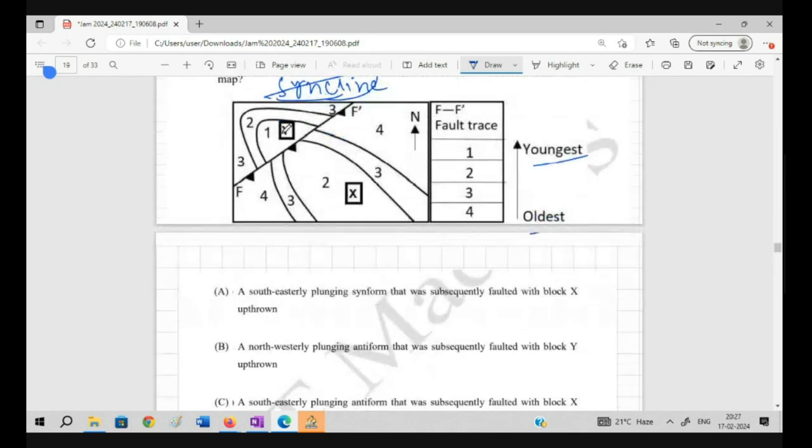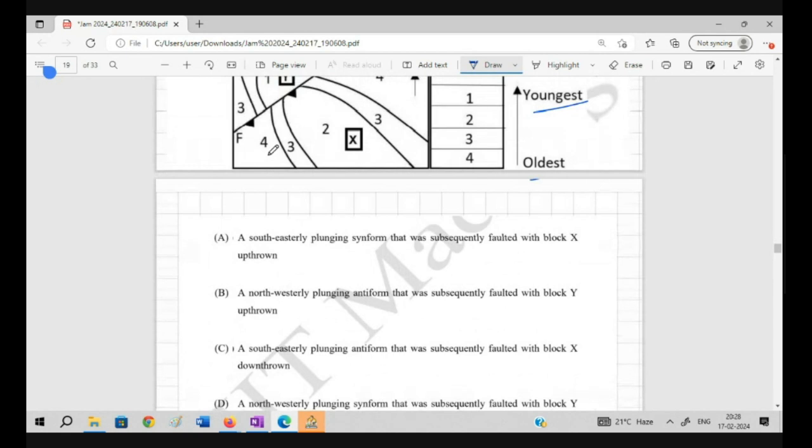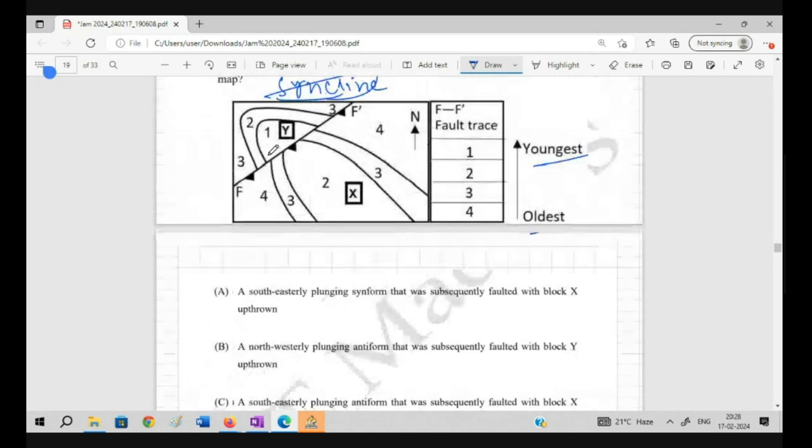Okay, so if the younger bed is at the center, then the dip of the beds should be towards the center. Then if the beds dip towards the center of the fold or the core of the fold, then it should be synform. Yes sir. It should be synform. According to that information, it should be synform.